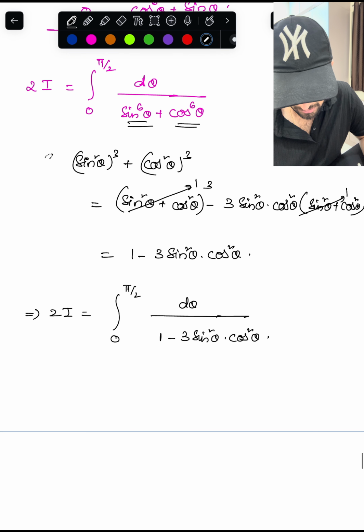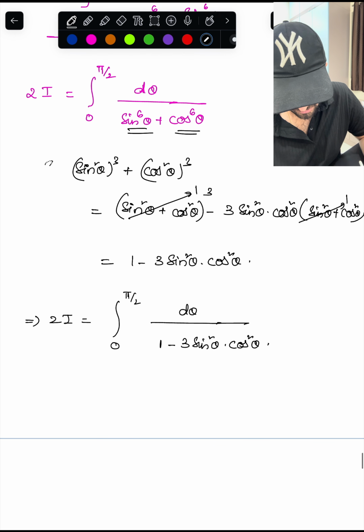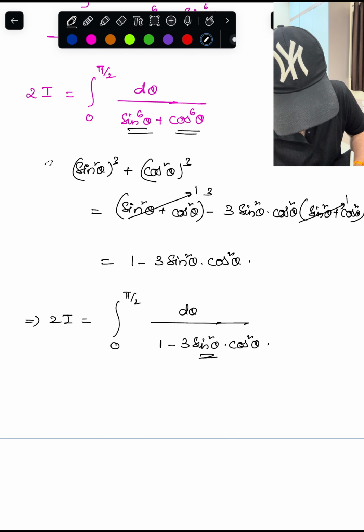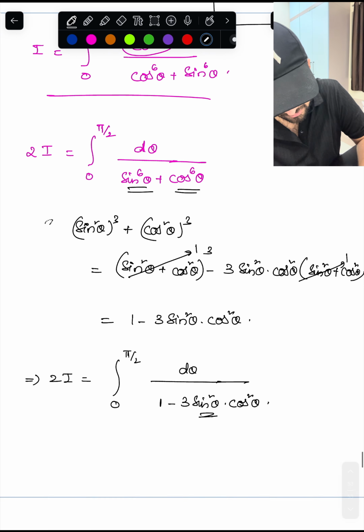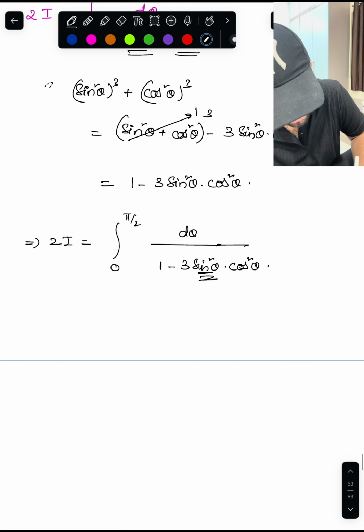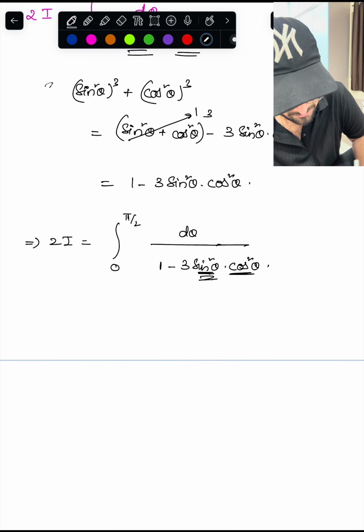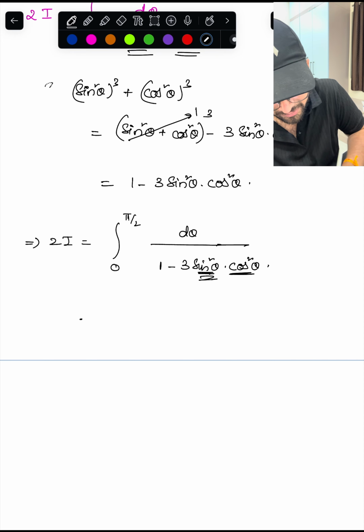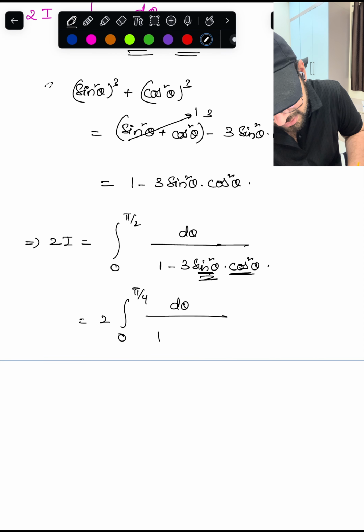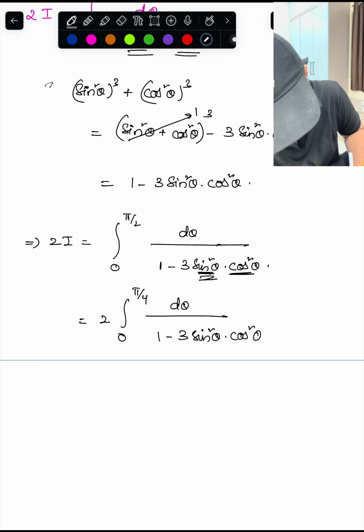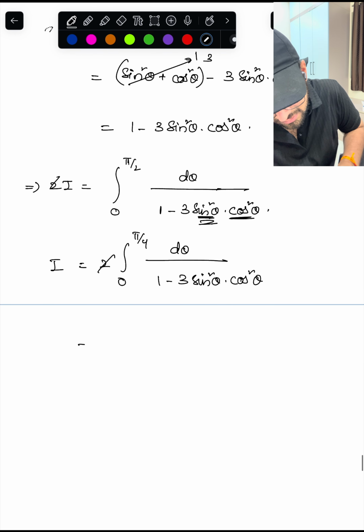Again, we can reduce this if we apply the same property, because sine will be converted to cos and cos to sine, so you get the same thing. So I can reduce it as 2 times the integral from 0 to pi by 4 of d theta by 1 minus 3 sine square theta cos square theta, and you can cancel out this 2 also. So this is I itself.